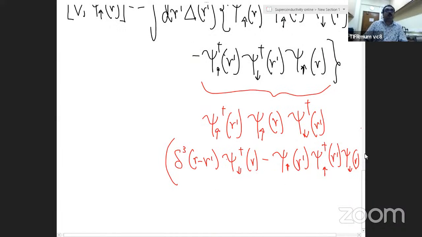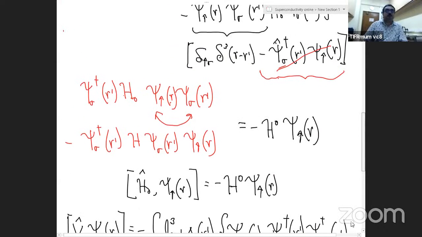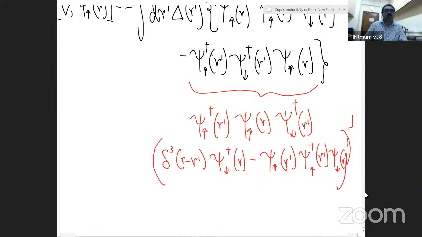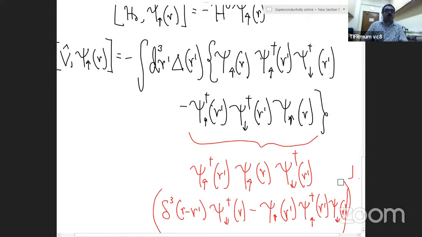All right. Now you see, just like before, things simplify because this term actually, let me write it down properly, otherwise this will be confusing. Yeah.